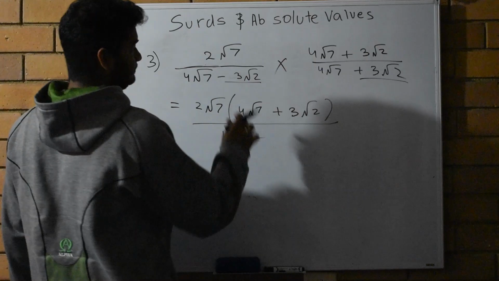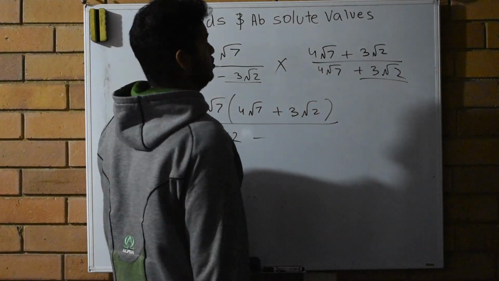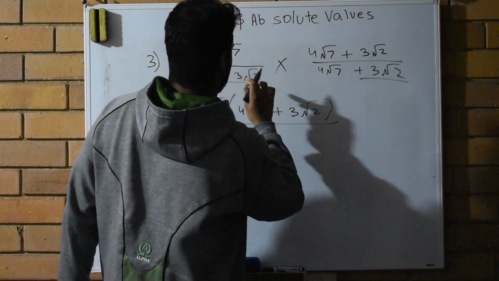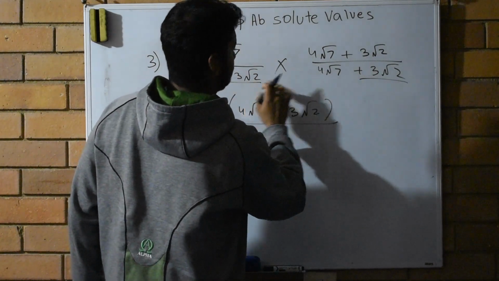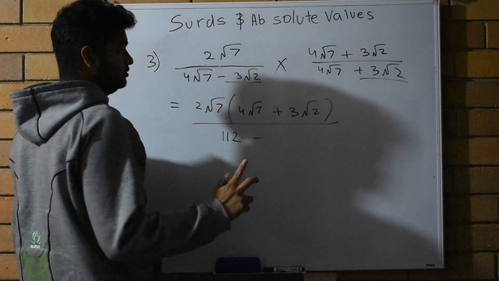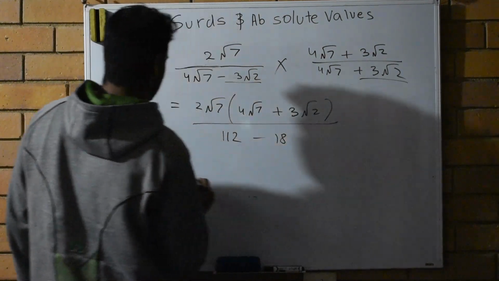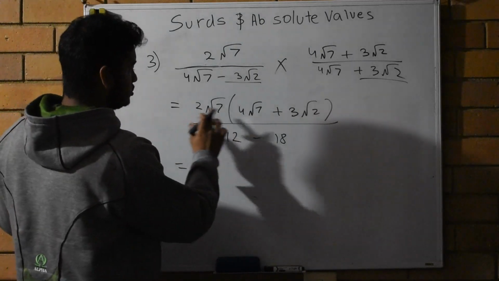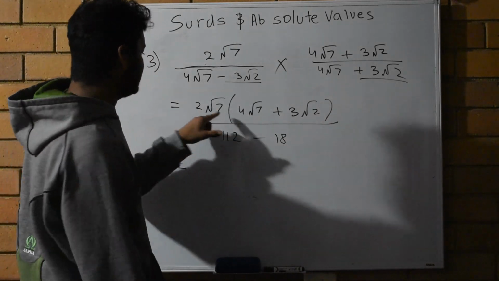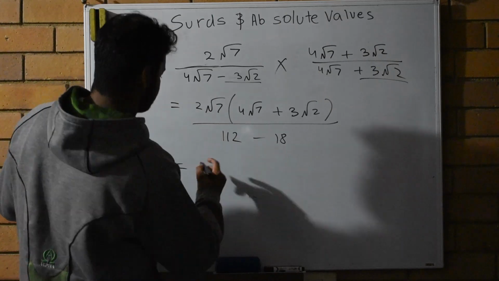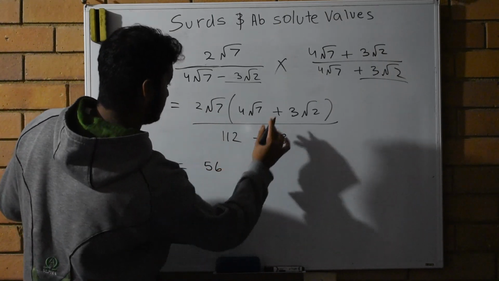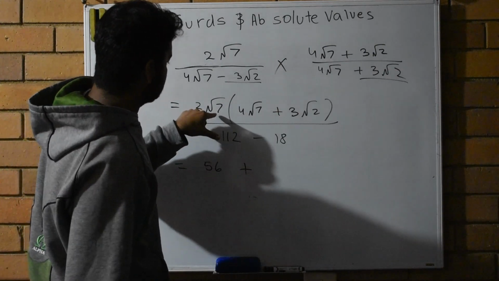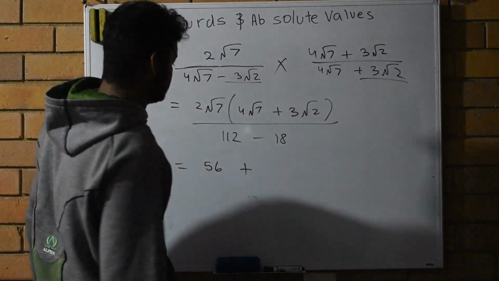So that makes 3 times 3 is 9, times 2 is 18. This is my root 2 times root 2, that's my 2, so 18. And then the top part, 2 times 4, 8. 8 times 7, that's my 56, plus 2 times 3 is 6, and root 7 times root 2 is root 14.